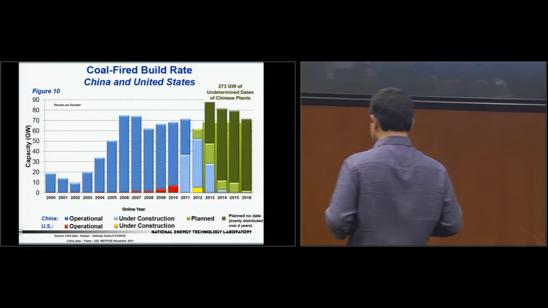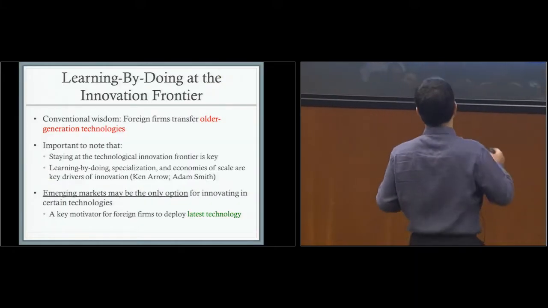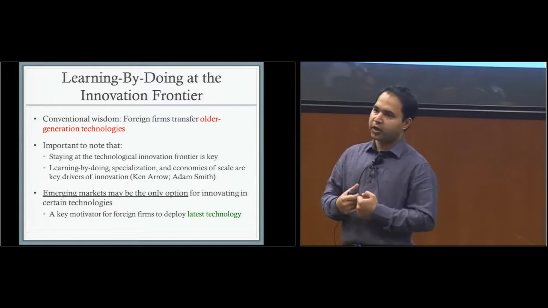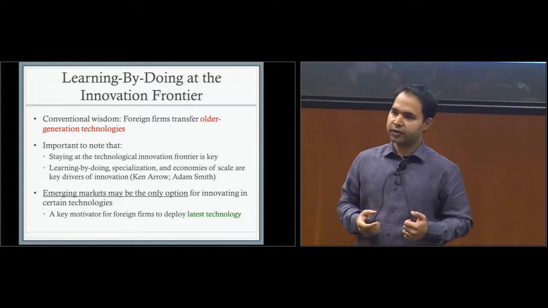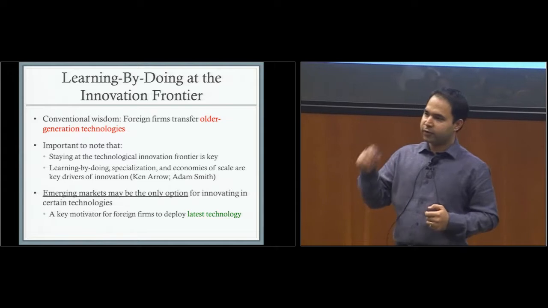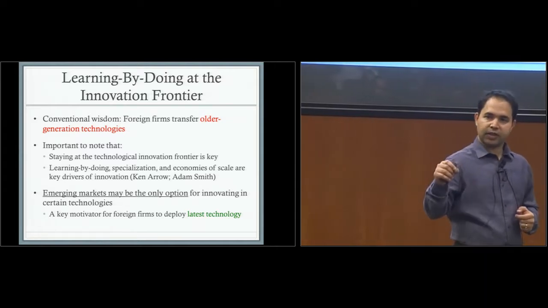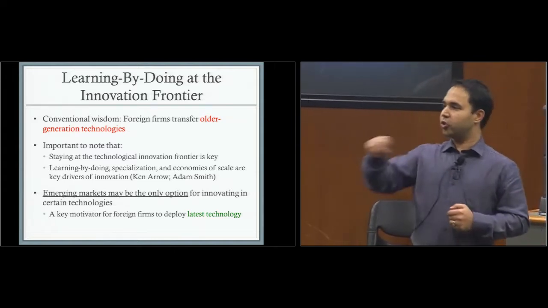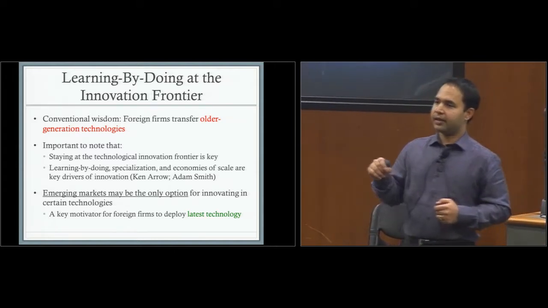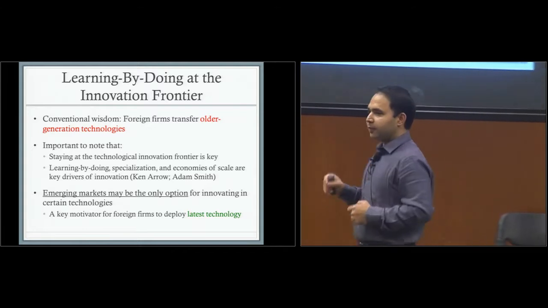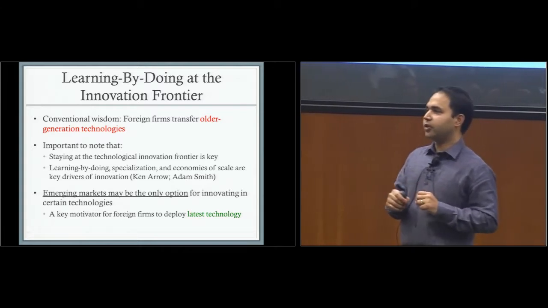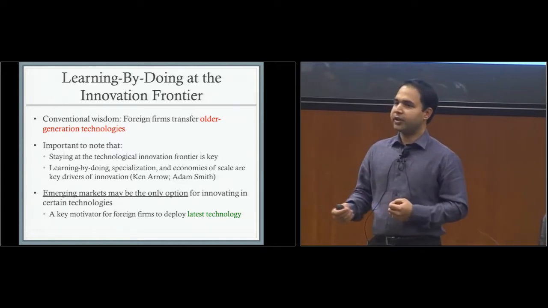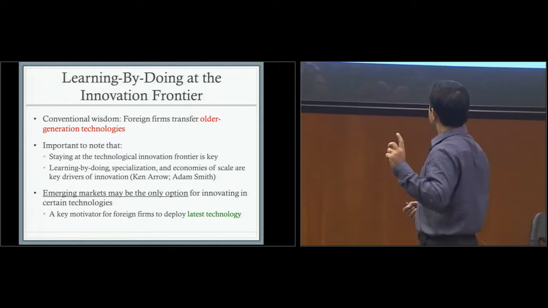So I think that's one of the key findings that we found that was completely new and at odds with what was mostly said in the literature, because you have to understand the market conditions and what the spaces are for the technology globally to operate. It turns out that maybe the only places where these technologies can deploy, have learning by doing, reduce costs and innovate are emerging countries.